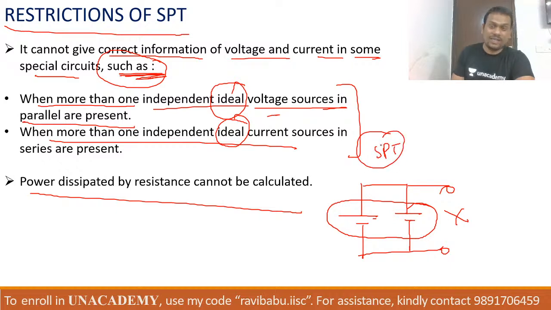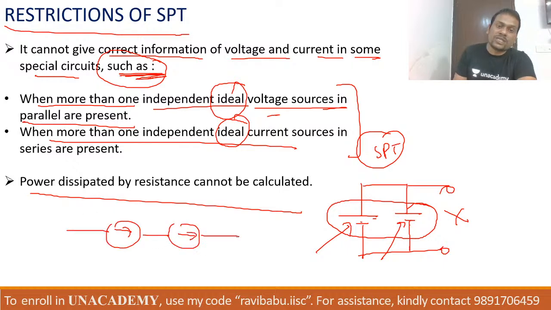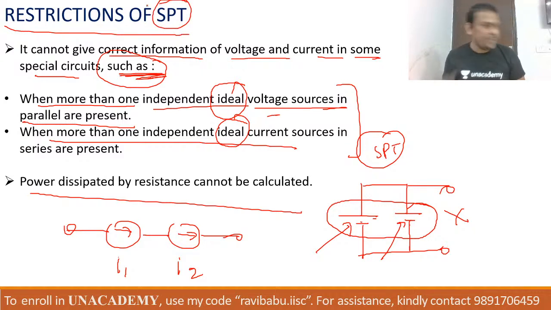But the condition is that your V1 and V2 must be ideal. Your V1 and V2 must be ideal. Similarly, if you have two current sources in series, and your current sources are ideal, that means I1 and I2 are ideal, again your SPT will fail. Hope it is clear, beta. Please speak up, tell me.